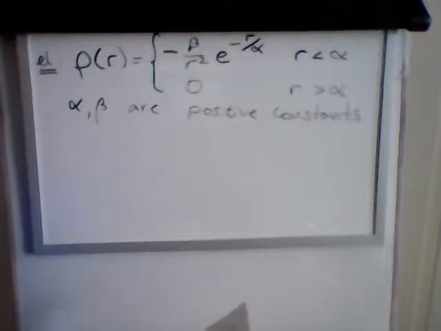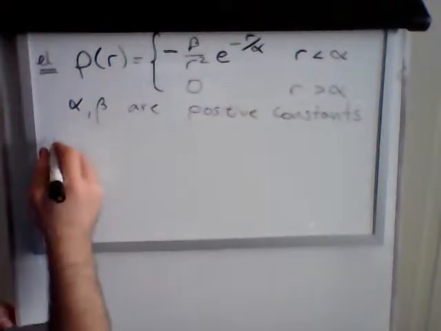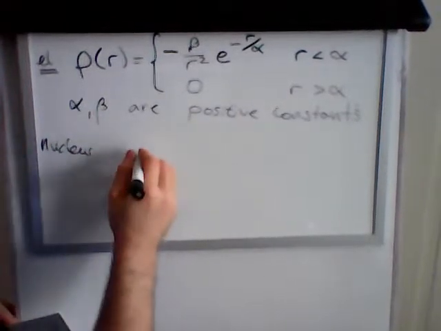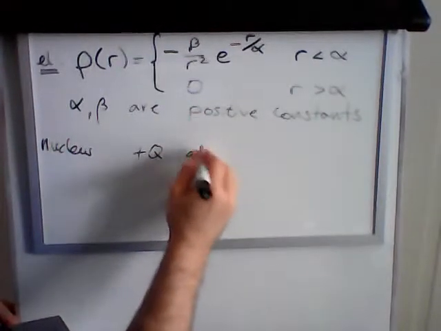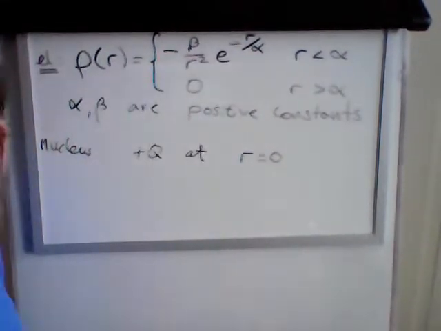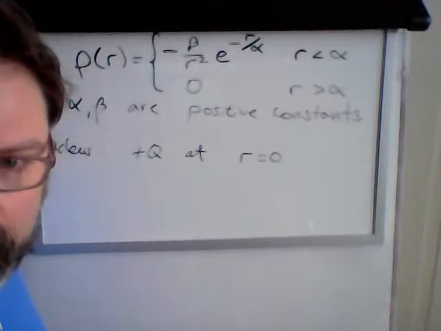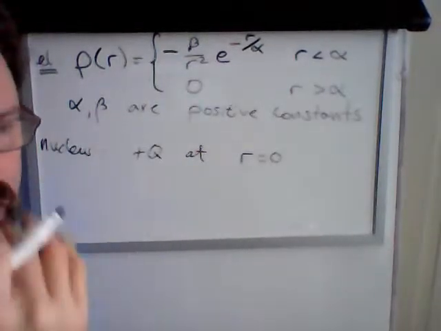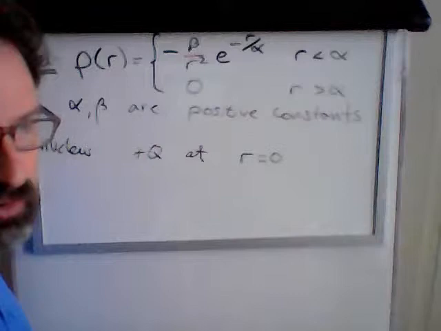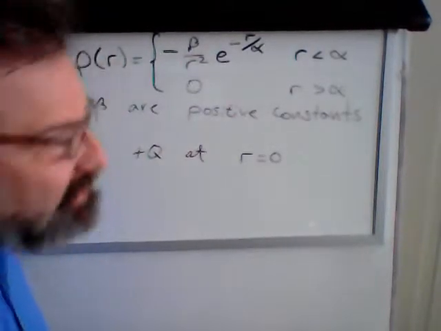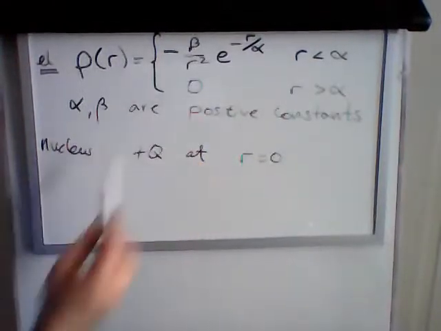So, and then we have for our nucleus, okay, we have just a point charge at r equals 0, okay, and nothing beyond that. So we just have a point charge for our positive particle, our nucleus, and the electron around it is kind of like an electron smear, like a distributed electron cloud where the electron charge is distributed through space, but they let it stop at some point.